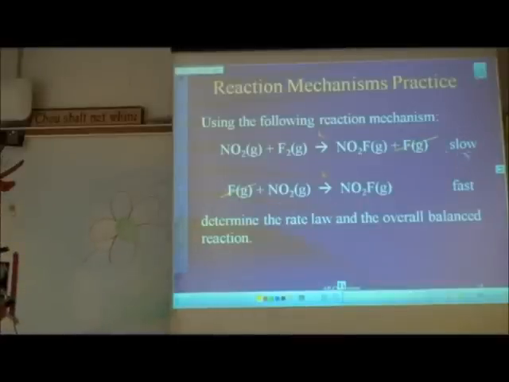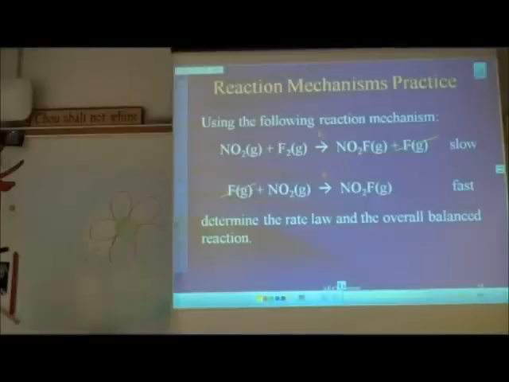They've also given us not just the mechanism, but information about the speeds. This is the slow step. This is the rate determining step. What did I say just a couple of slides back? What's something that you can do for elementary steps that you can't do for anything else?